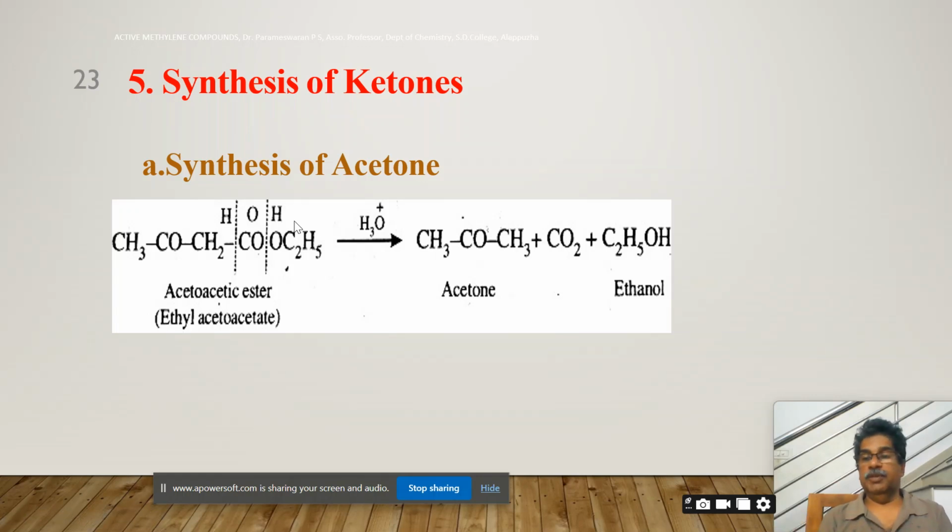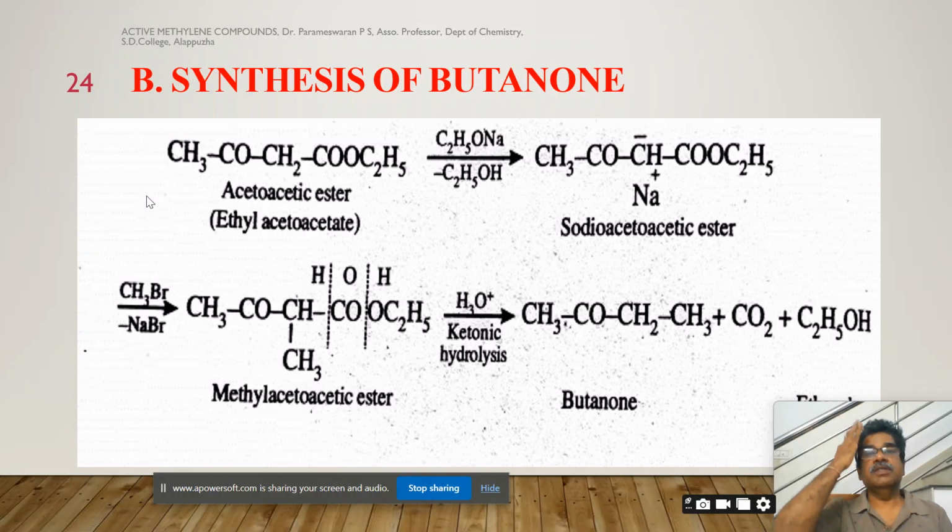That is the way of splitting. So it is converted to one molecule of carbon dioxide, another of ethanol, and then acetone. So you can synthesize acetone by ketone hydrolysis.